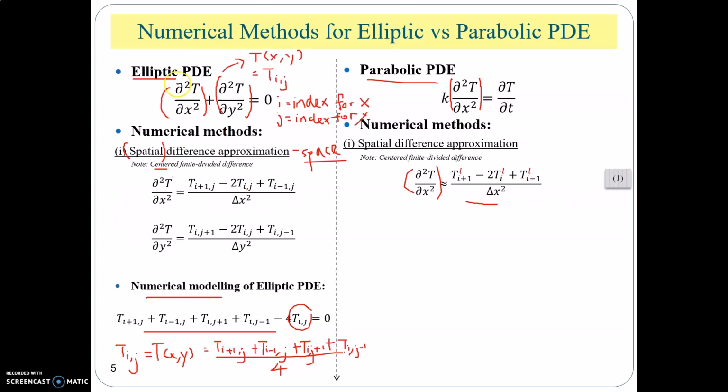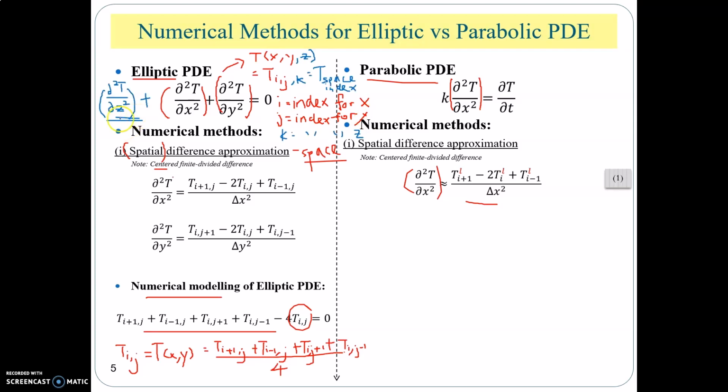This is because in the previous case, you wanted to find the temperature at the dimensions x and y, which can be written as Ti,j, where i is the index for the x dimension and j is the index for the y dimension.